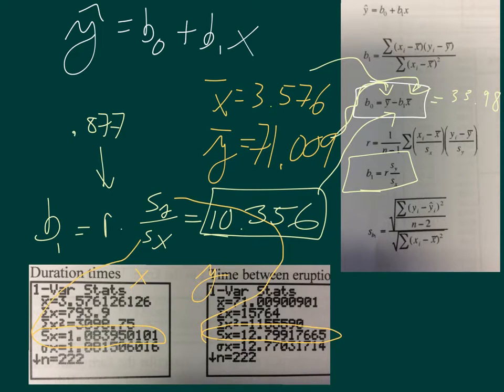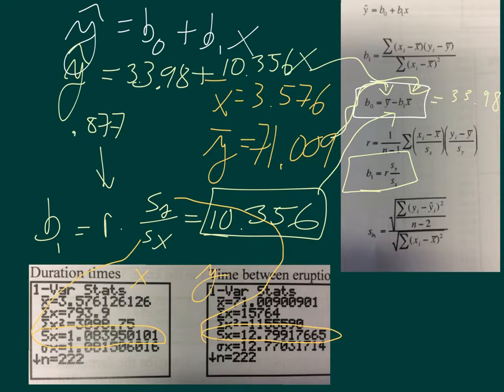Right here, I have this equation. I'm just going to plug in numbers. Y hat equals b naught, which we said is 33.98, plus b1, which we calculated down here, 10.356x.